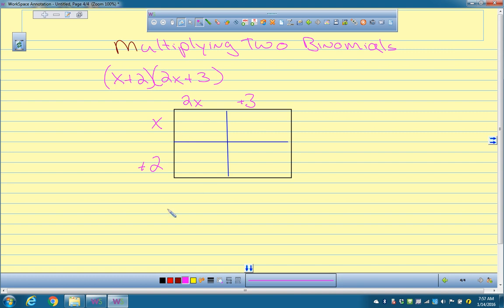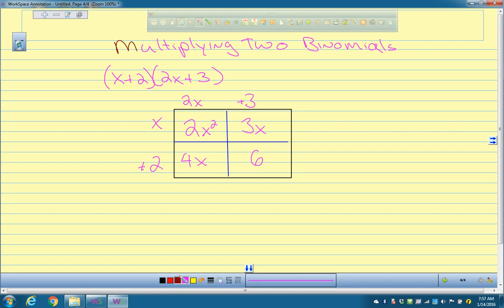So you find the areas of all these little squares. Okay? So what's x times 2x? 2x squared. What's 3 times x? That would be the area of this rectangle. 3x. What's 2x times 2? 4x. And 2 times 3 makes 6.